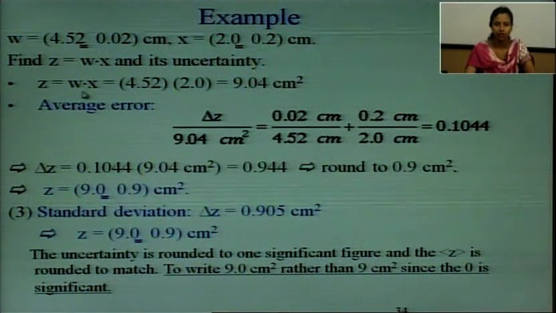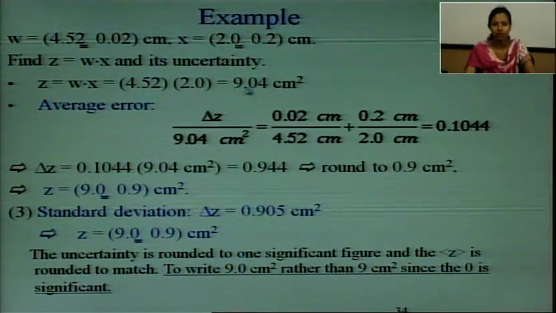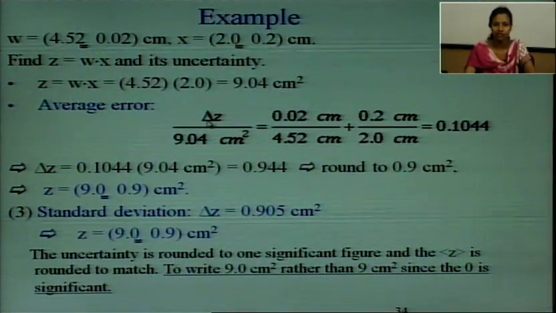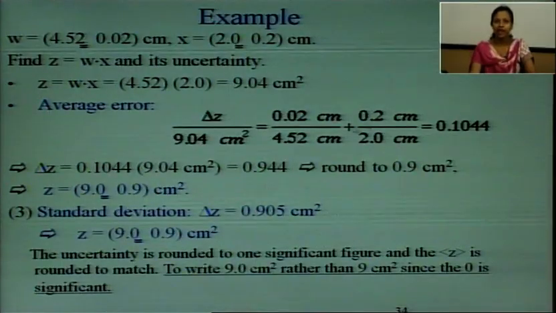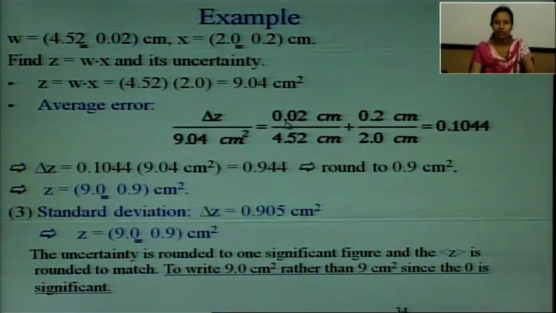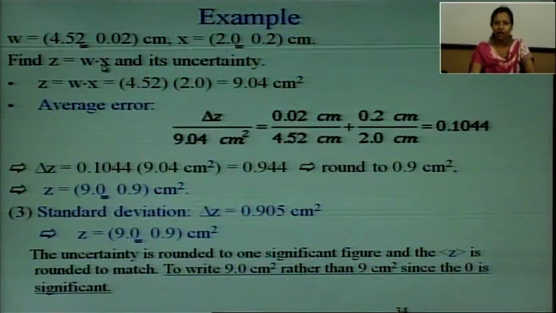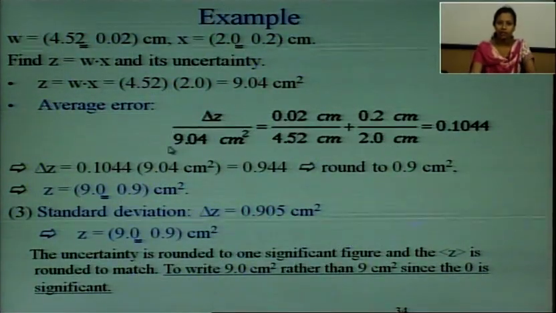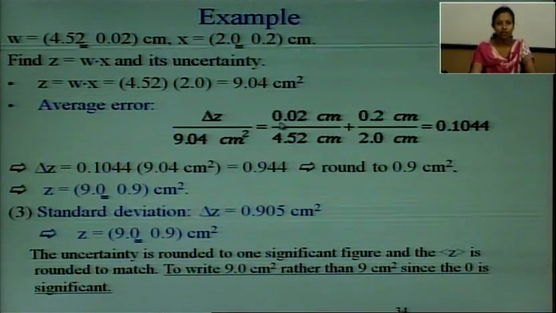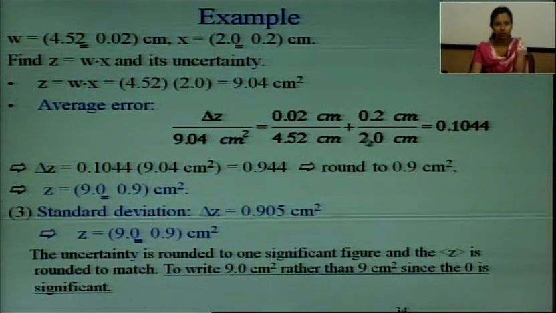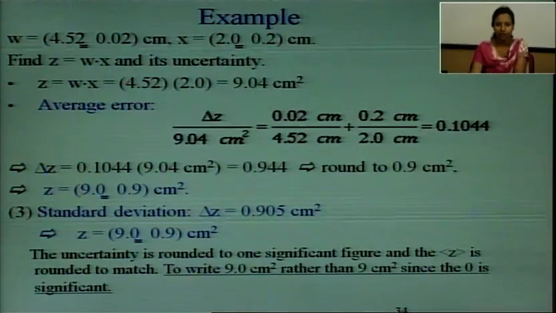W is 4.52, X is 2, so the value is 9.04, and the average error is delta Z upon Z equal to delta W upon W plus delta X upon X. So delta Z upon Z is equal to 0.02 divided by 4.52 plus 0.2 divided by 2, which is equal to 0.1044.